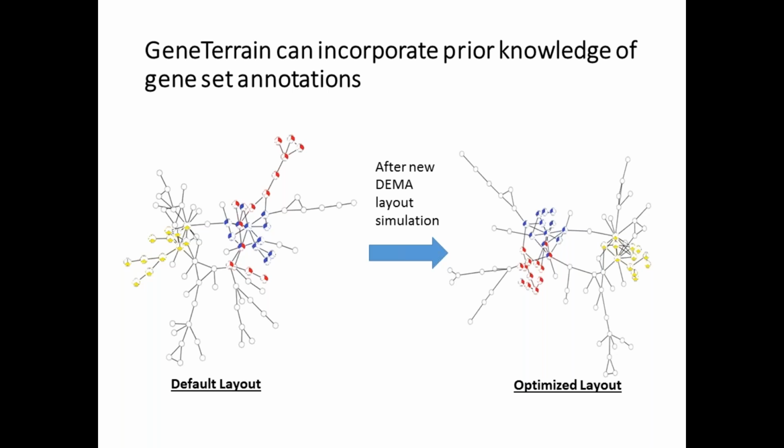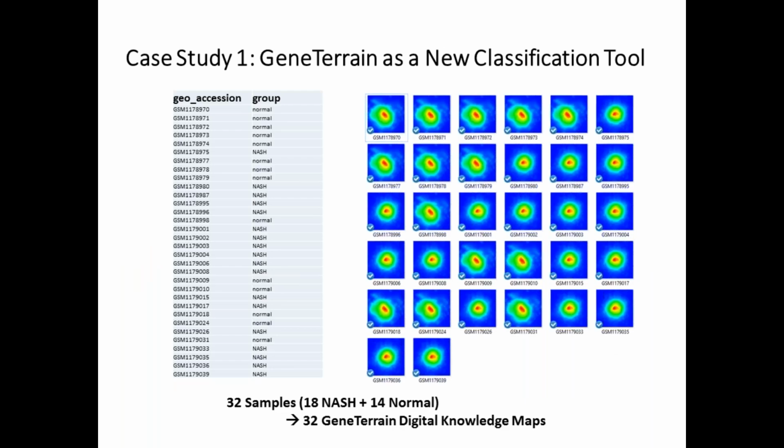But if you do a optimization, you can see that within this fine-tuned network layout, the gene sets that more or less belong to each other are grouped. And these actually provide the basis for seeing a more biologically meaningful picture at the end. So we hide a lot of complexity.